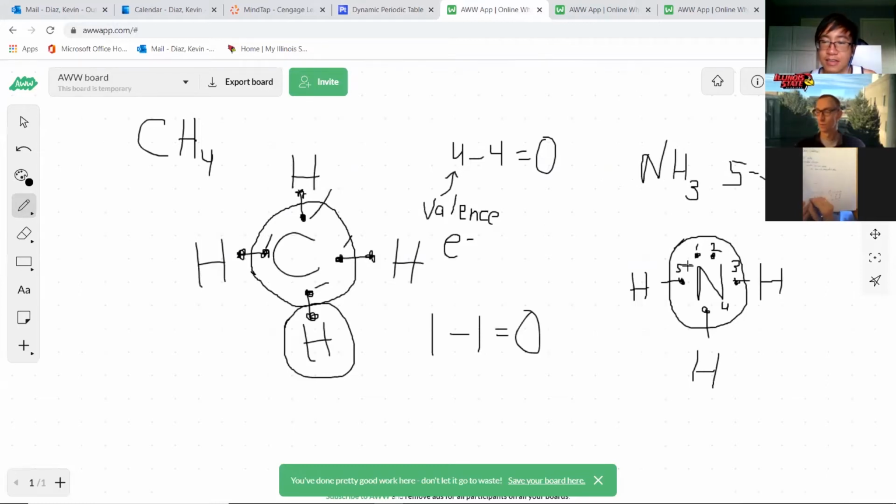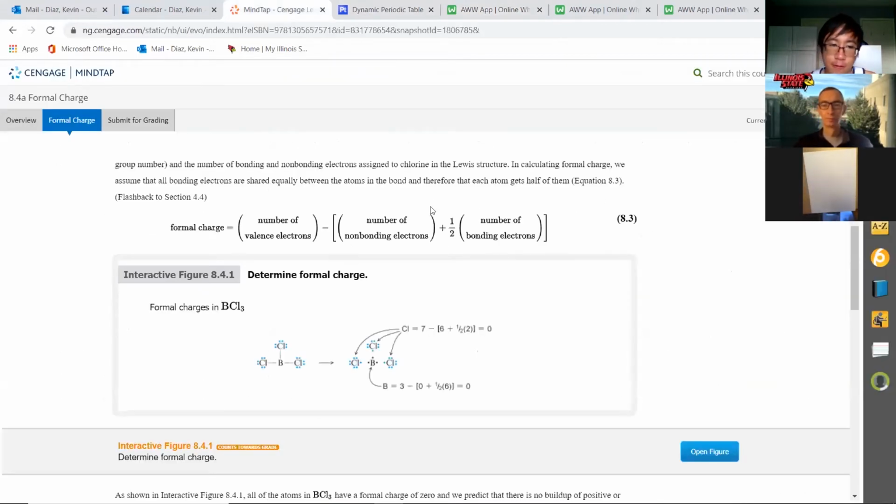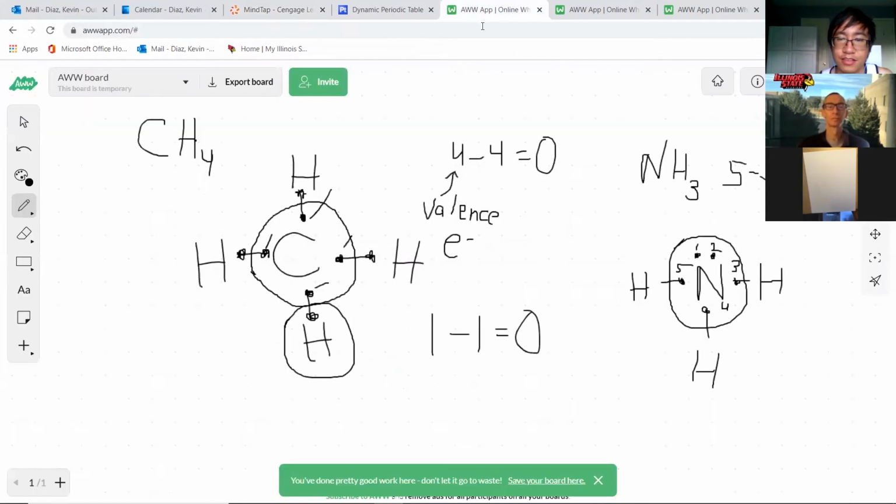It's nice to understand where this shortcut comes from, as it derives from the long equation in the textbook, but it just makes calculating formal charges a little bit easier.